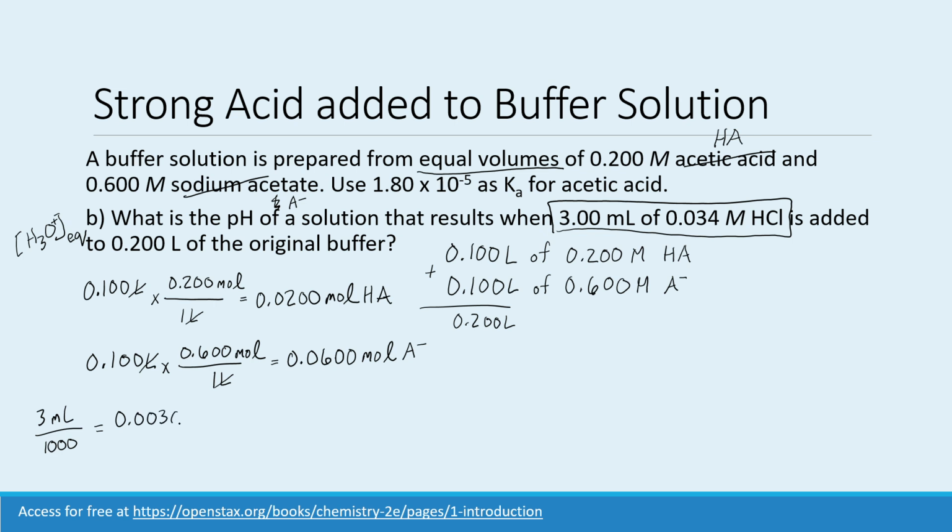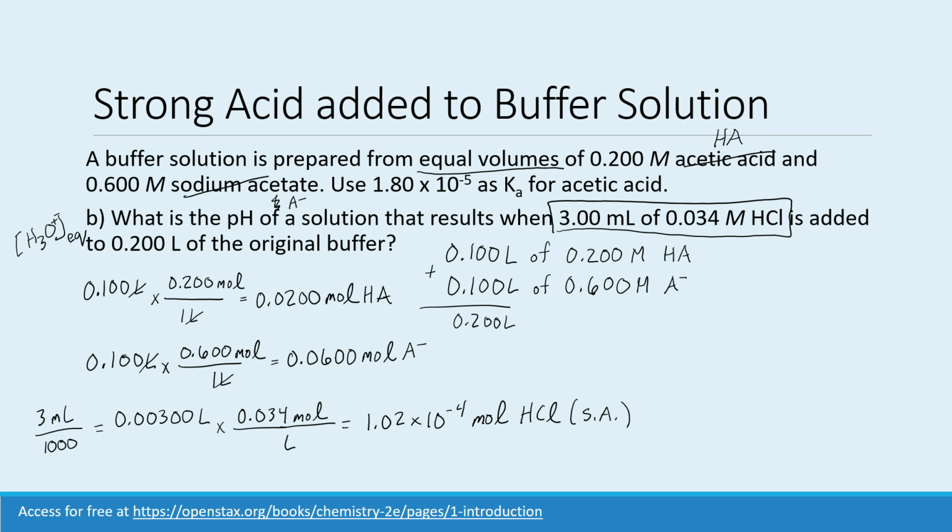And so that will be equal to 0.003 liters times the concentration of that acid, the 0.034 moles per liter. And that is equal to 1.02 times 10 to the negative fourth moles of HCl, which remember is the strong acid.